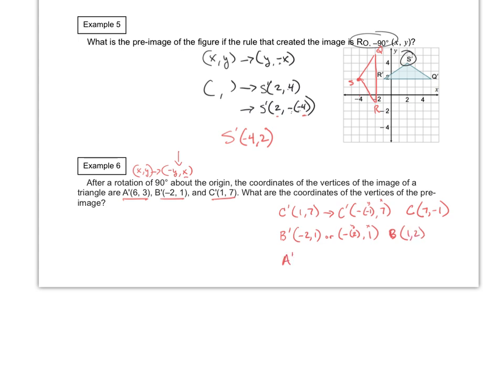And last, A prime was (6, 3), or that should be (negative 6, 3), because negative 6 is going to be my y value, and 3 is going to be my x value. So A started off at (3, negative 6). So there you go. That's being able to determine that pre-image based off your image and your rotation mapping.